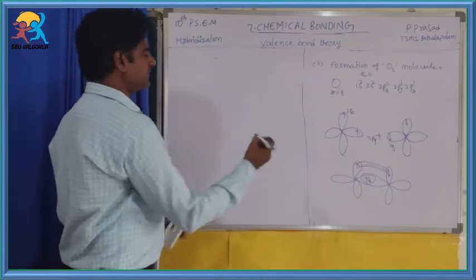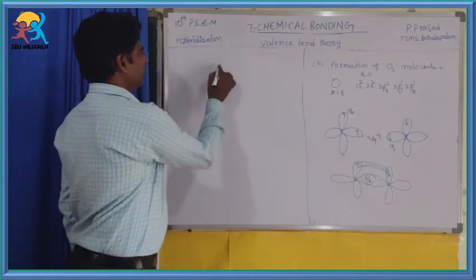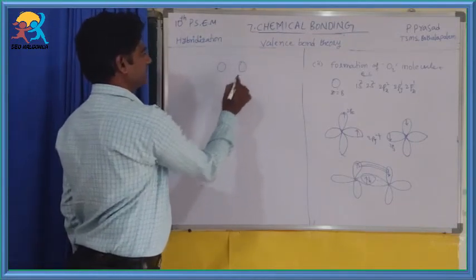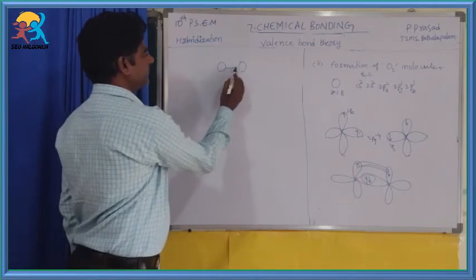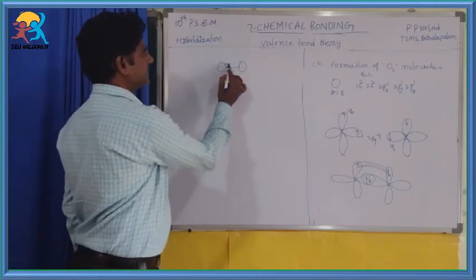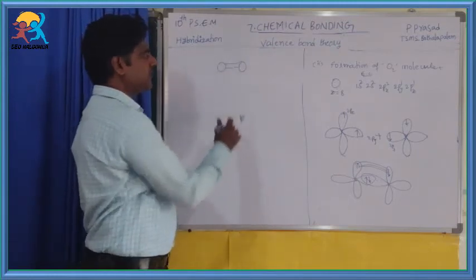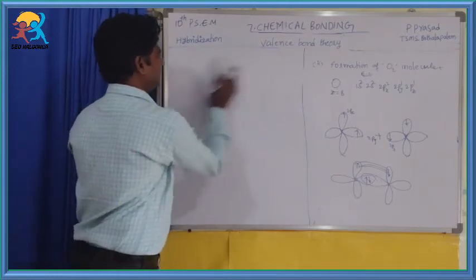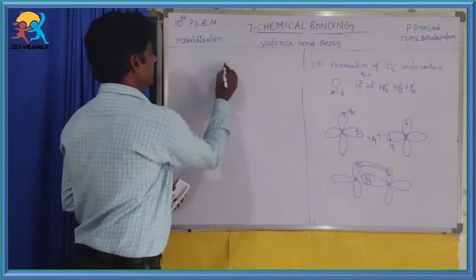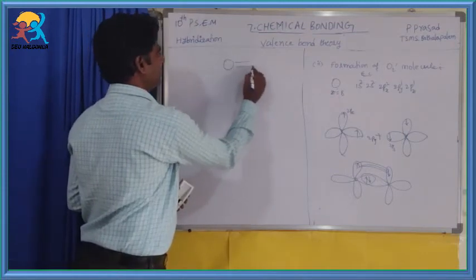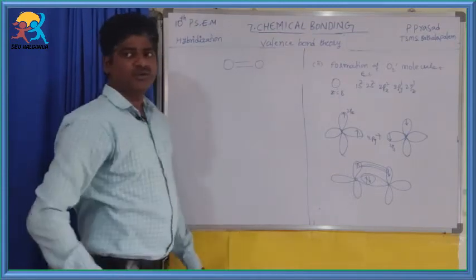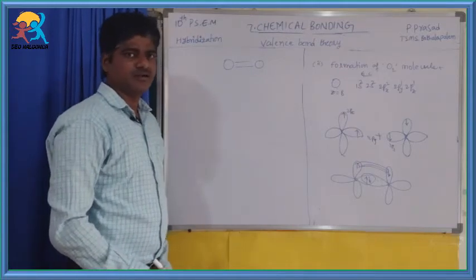In between two oxygen atoms, two shared pairs are there. One is end to end overlapping, another one is sidewise overlapping. That means a double covalent bond is formed between two oxygen atoms.